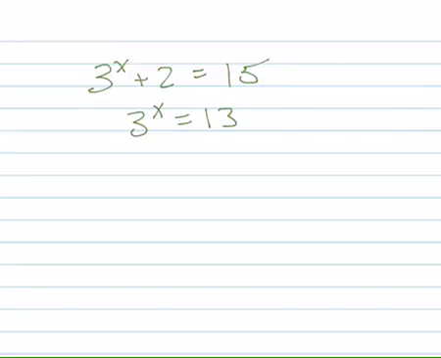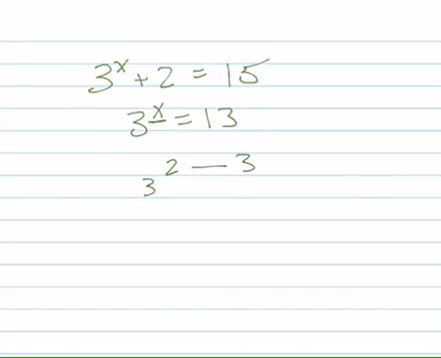And then you would have to do what's called extrapolating. You would have to try to find a number that works. You'd have to say, well, it's somewhere between 2 and 3.